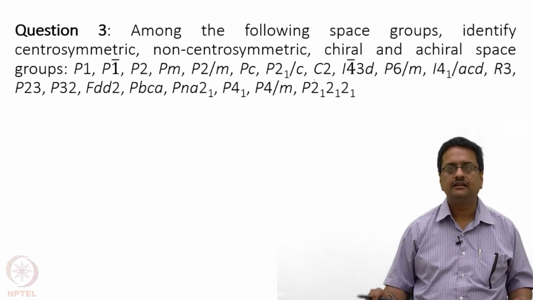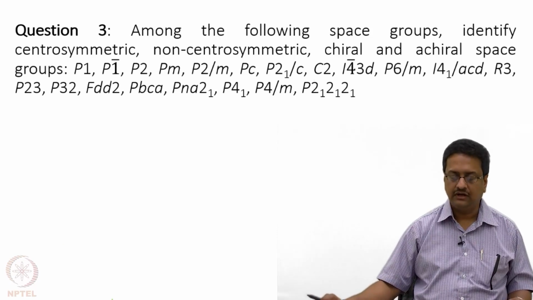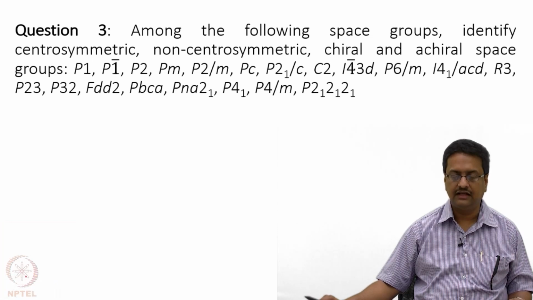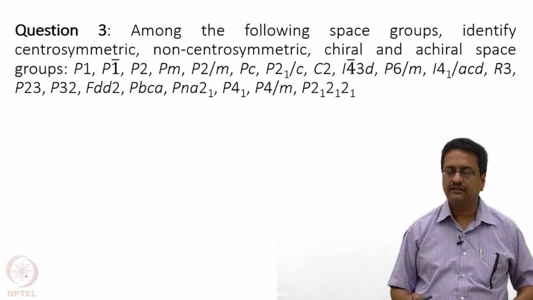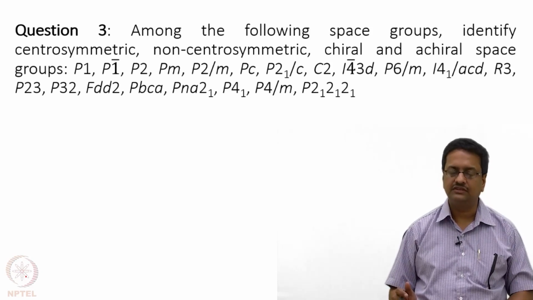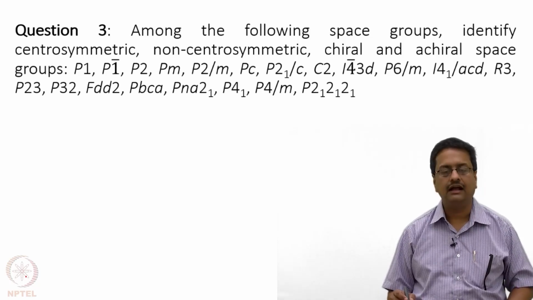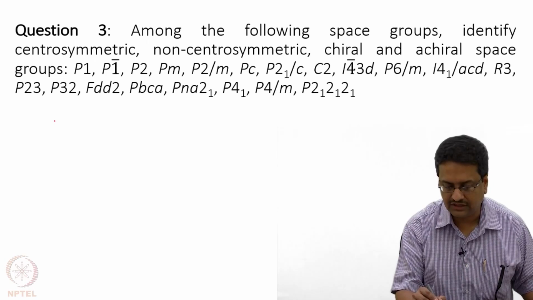Now comes a question which has little more involvement, to identify the space groups and classify them as different types of space groups. So the question is, among the following space groups, identify centrosymmetric, non-centrosymmetric, chiral and achiral space groups. So we should first write 4 classes.